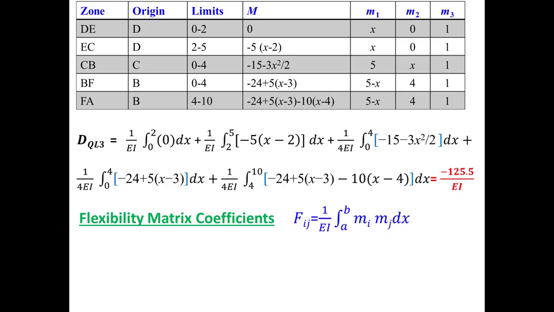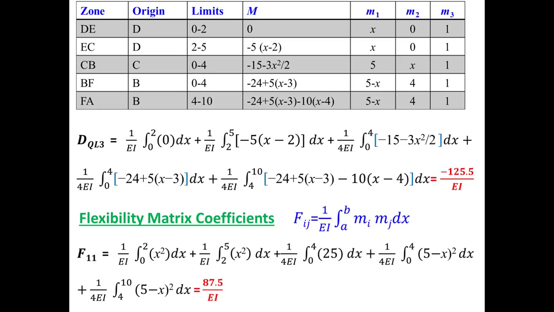So there will be 6 elements, that is F11, F12, F13, then F22, F23 and F33. Because F21 is equal to F12, F31 is equal to F13 and F32 is equal to F23, because flexibility matrix is always a symmetric matrix. So there are 6 elements we have to determine.